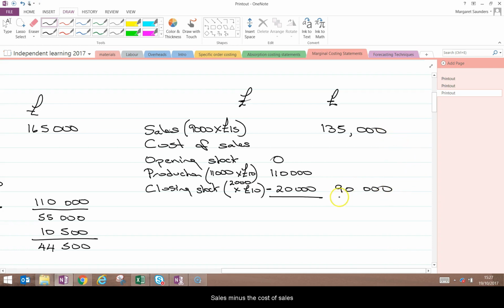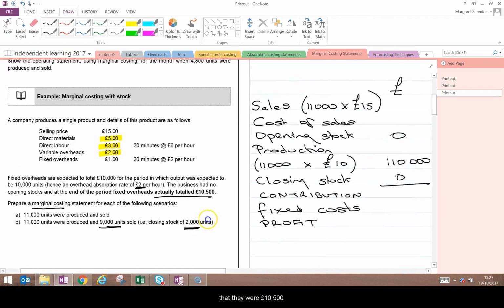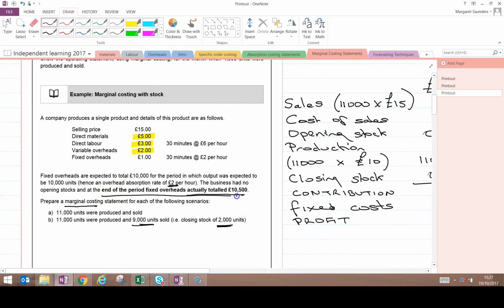Sales minus the cost of sales gives us a figure for contribution, £45,000. To arrive at the profit figure, we need to deduct the fixed costs. We know that they were £10,500. Remember, we want the actual figure for fixed costs, not a budgeted figure.